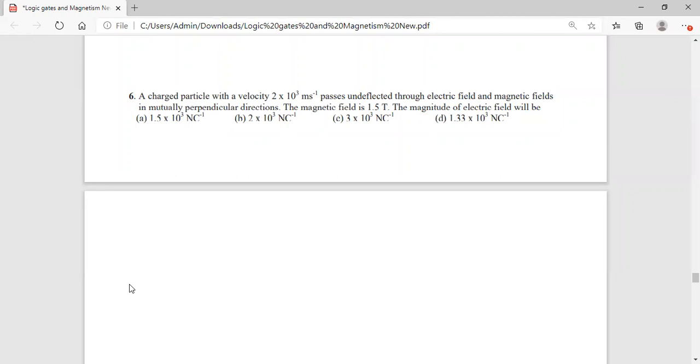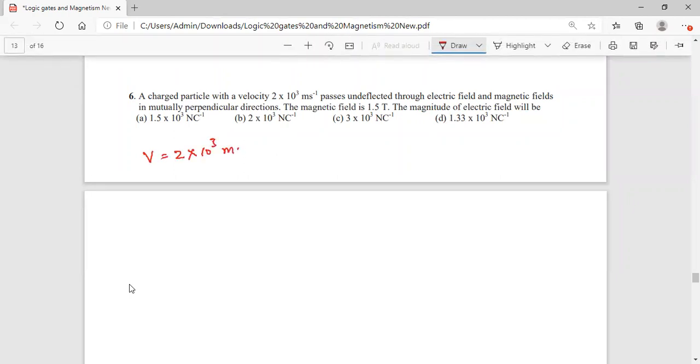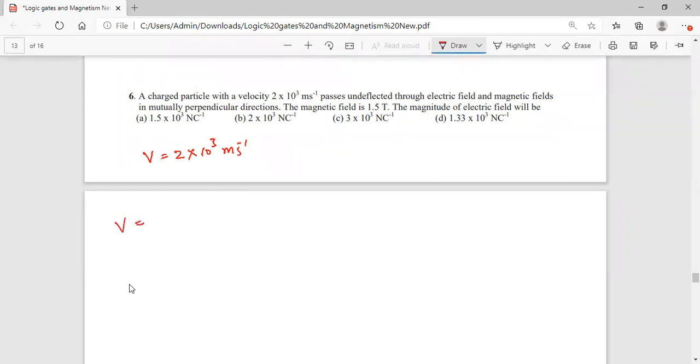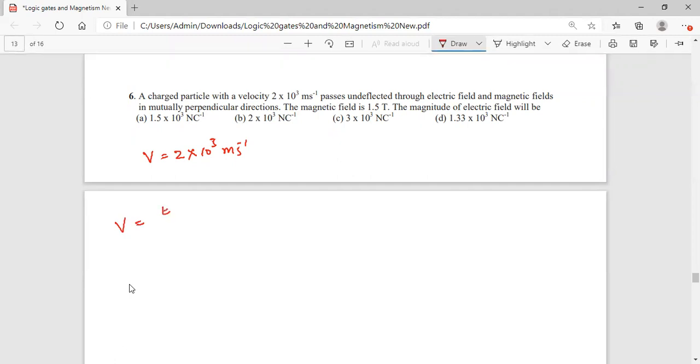So velocity is equal to 2 into 10 to the power of 3 meter per second. Passes undeflected. Undeflected means it is in both uniform and mutually perpendicular electric and magnetic fields.